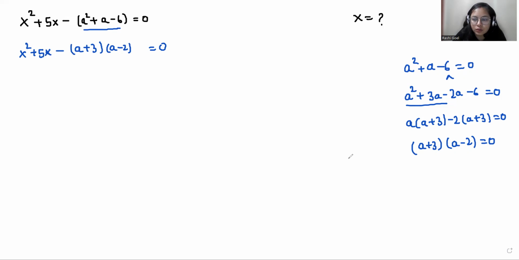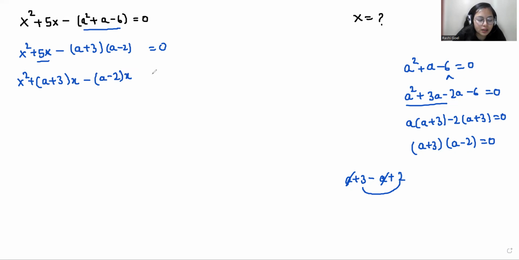So if I do a plus 3 and a minus 2, with subtraction sign, minus a minus 2 is plus 2. So we'll subtract this and 3 plus 2 gives us 5. So we can break the middle term 5x as x square plus a plus 3x minus a minus 2x, and the rest we'll write the same.